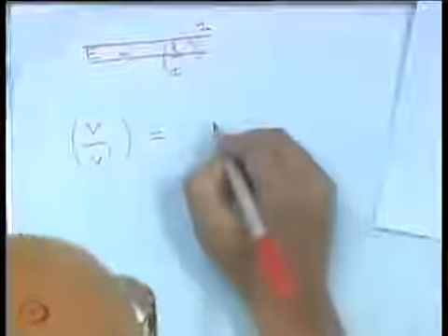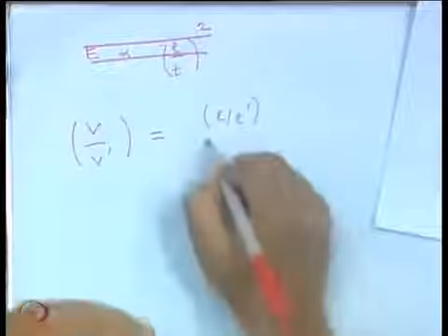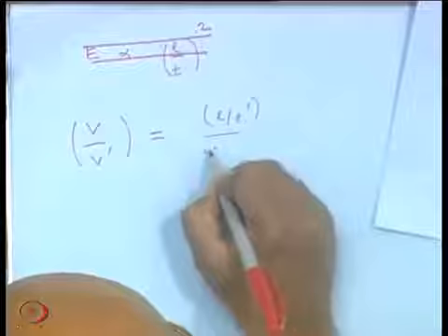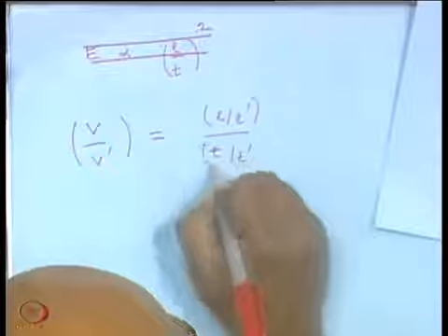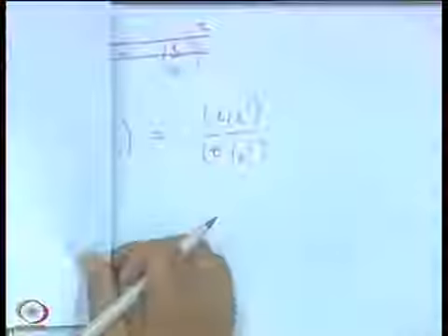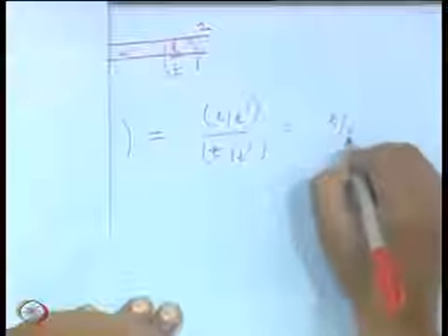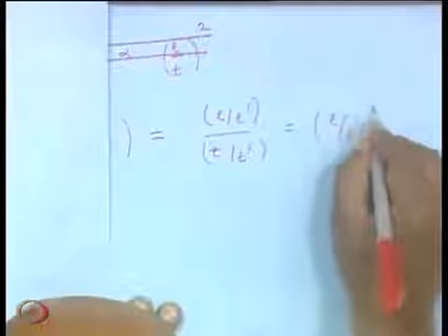So, this is going to be L by L prime by T by T prime, and so this is going to be equal to L by L prime to the power of, how much is it?